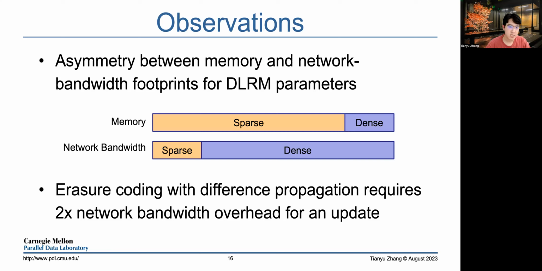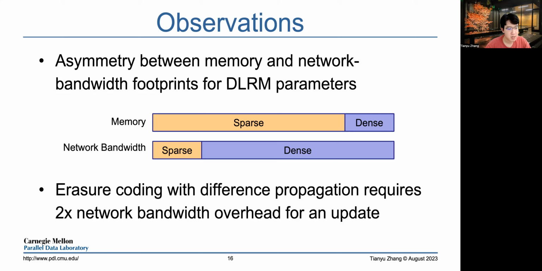To give you some sense of the scale, the sparse parameters could be terabytes, whereas dense parameters are usually just 100 megabytes. However, on the network bandwidth front, dense parameters take up the most because dense parameters are neural network weights. They got pulled by each worker on every single iteration, whereas sparse parameters, as their name suggests, are only accessed sparsely.